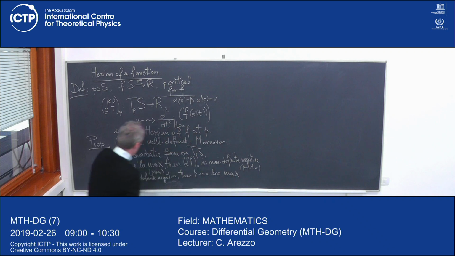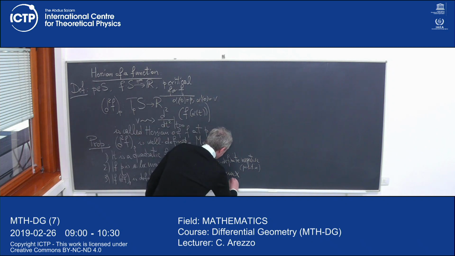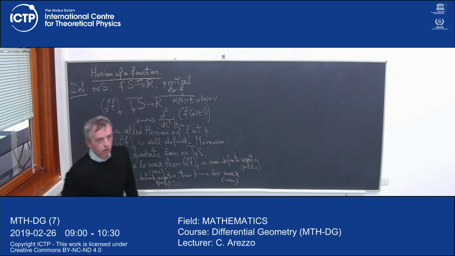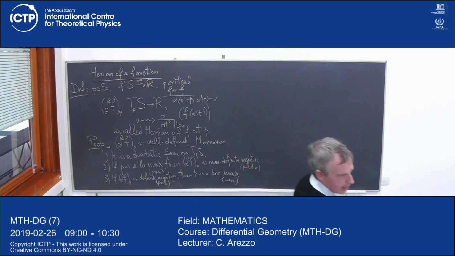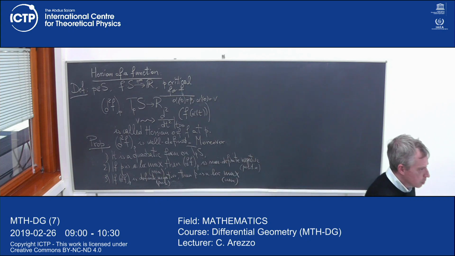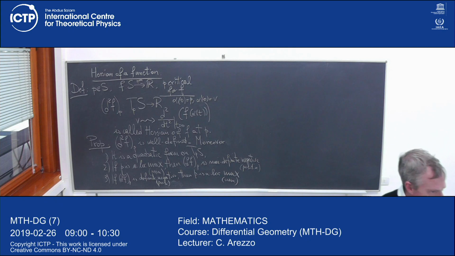And of course, there is an analogous statement: if it's definite positive, this is a local minimum. Okay? So there is always the indeterminate situation where it's semi-definite. If you only know it's semi-definite, you cannot conclude that this is a local maximum or minimum.